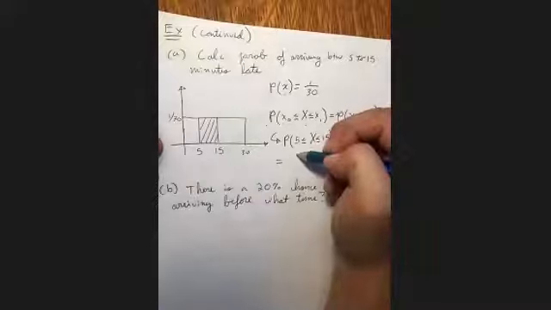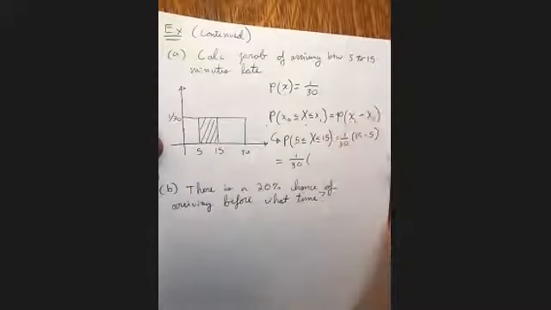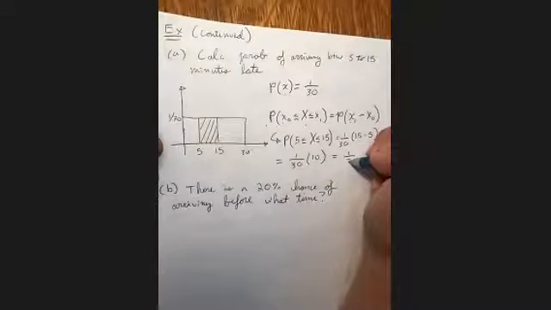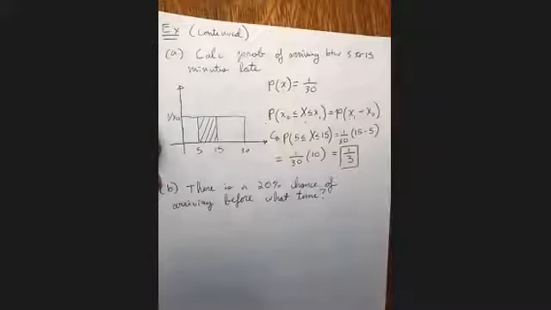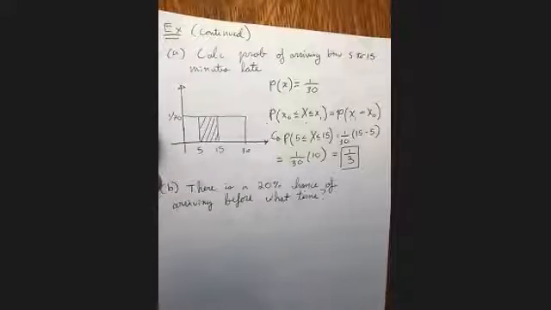So that's going to be 1/30 times 15 minus 5, which is 10. So that equals 1/3. So the probability of arriving between 5 and 15 minutes late is 1/3.